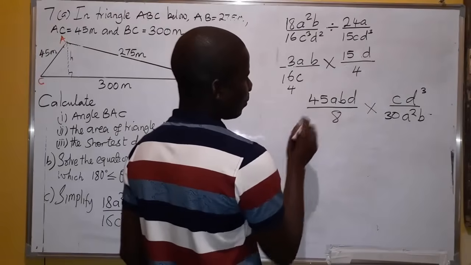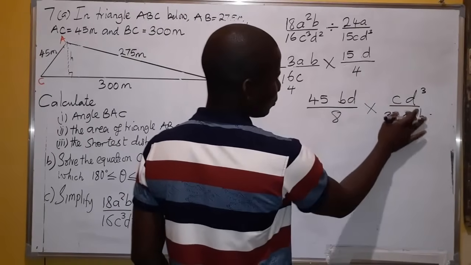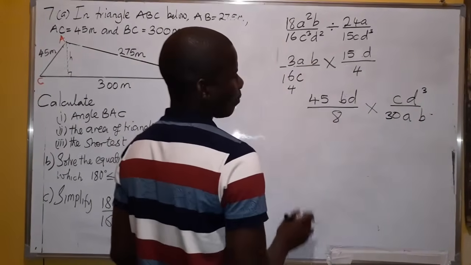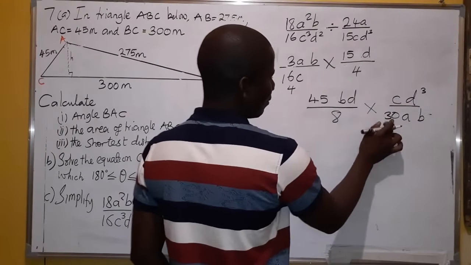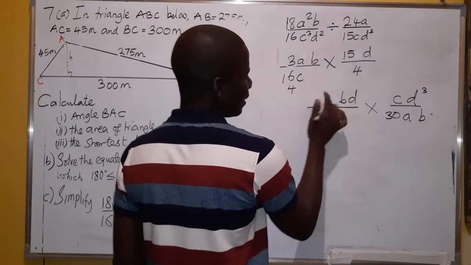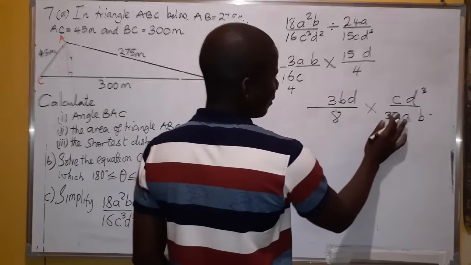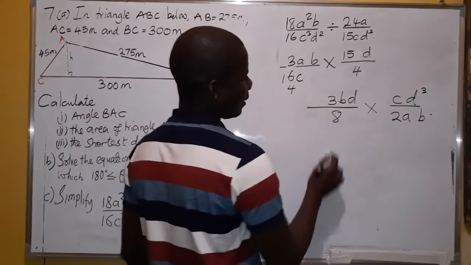Then we come to a here, and here it goes with 1 a. 45 and 30: 15 goes into 45 three times and into 30 twice.